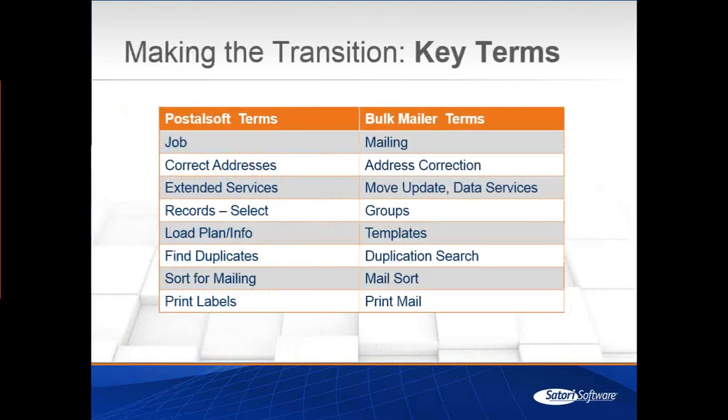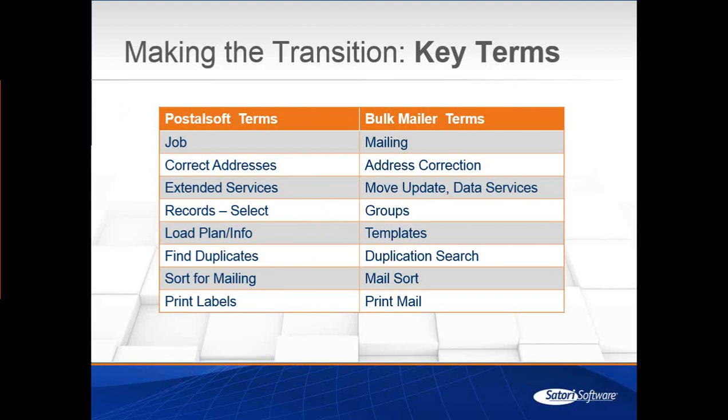Thank you, Teresa. I want to take a second and spend some time talking about the key terminologies and the differences between Bulk Mailer terminology and Postal Soft terminology. A couple of important ones to note is the record select, which I'll talk about in detail: groups. Groups and record select are essentially the same thing.